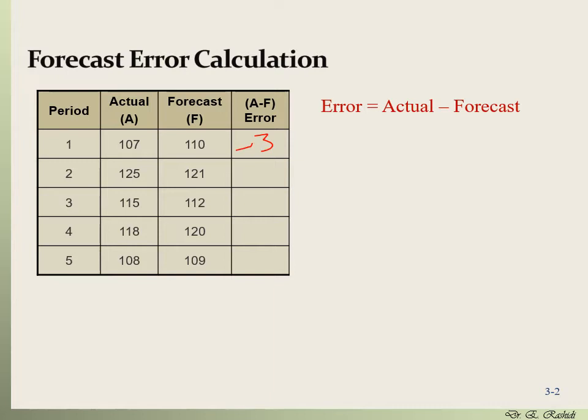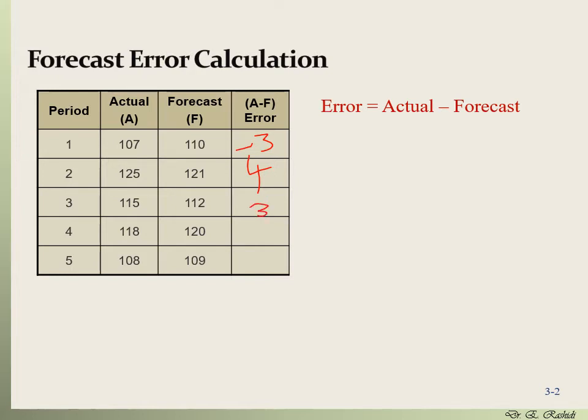The error for the next period: the actual value is 125, the forecast is 121. 125 minus 121 is 4. So the error here is 4. For period number 3, the actual is 115, the forecast is 112. 115 minus 112 is 3.